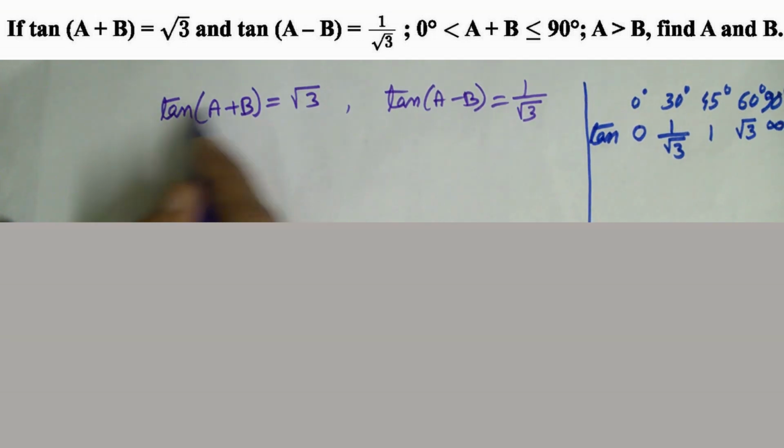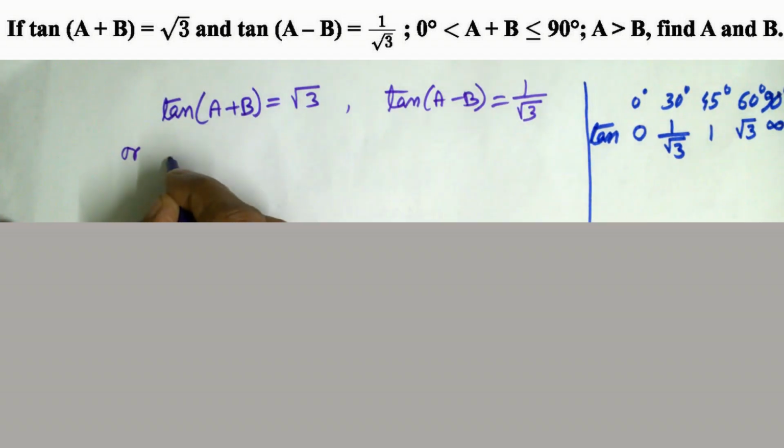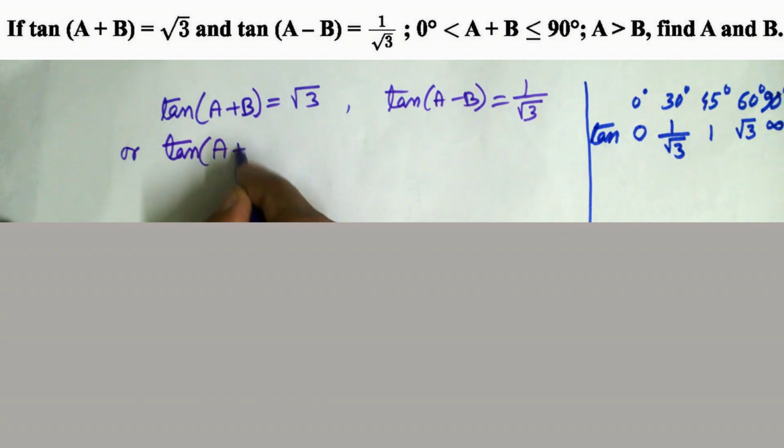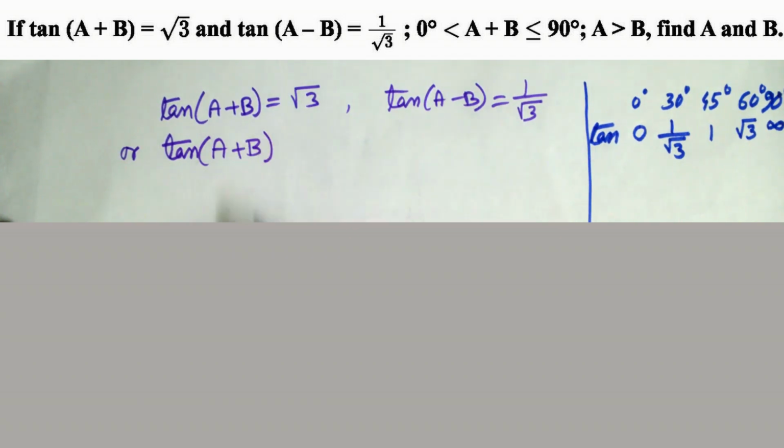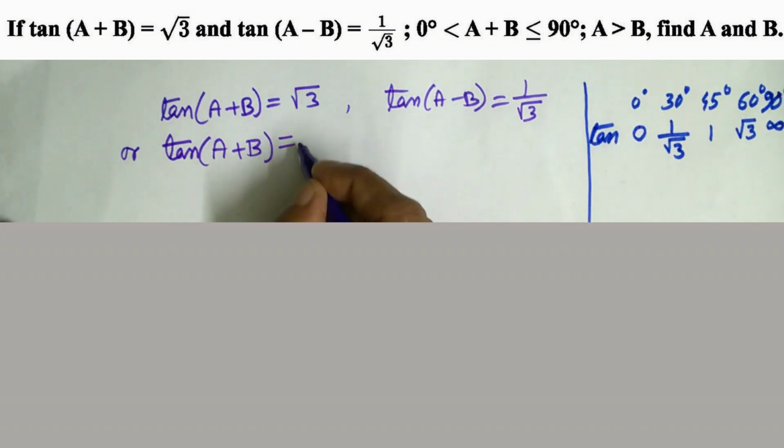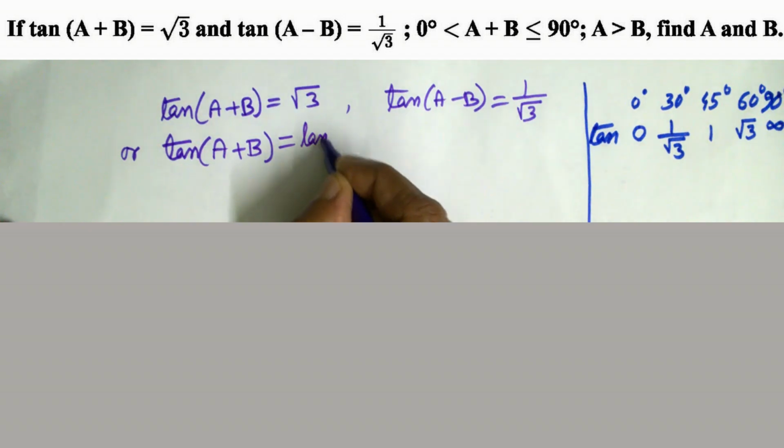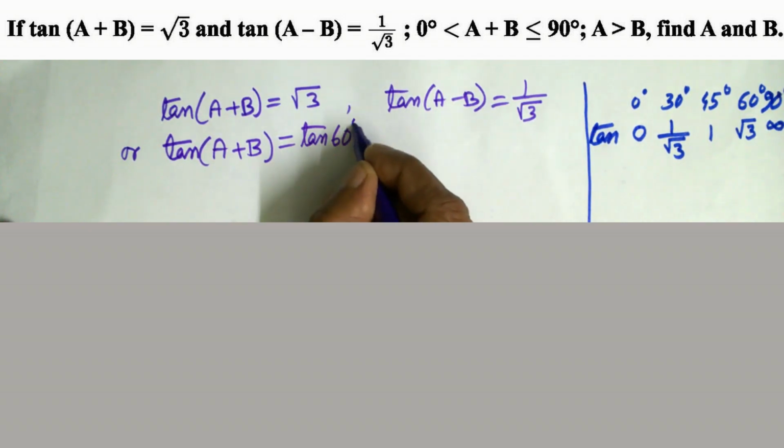So in the first case, what we are doing: tan of a plus b is root 3. Where is root 3? Here is root 3. Tan of 60 degree is equal to root 3. So we will write tan of 60 degree.